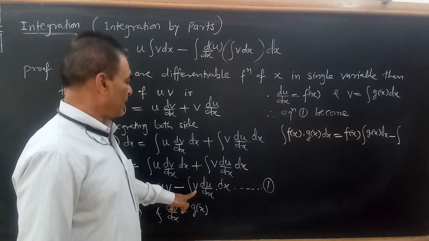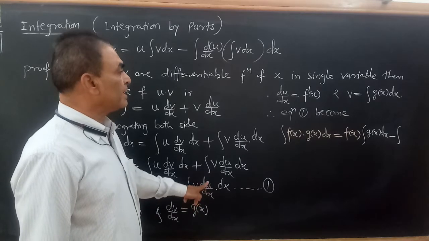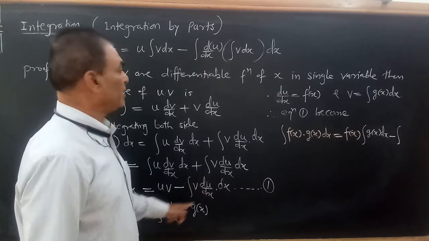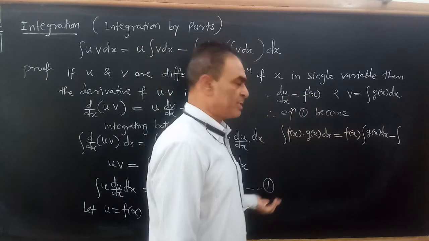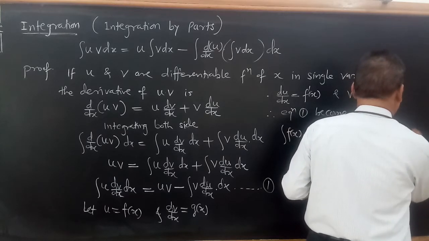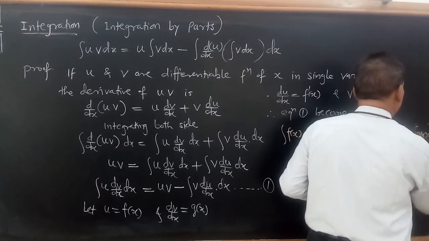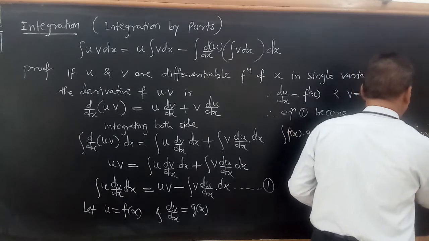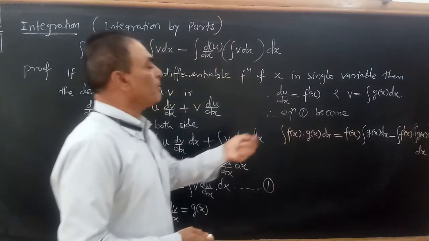What is the value of v? Integration of g of x. And du by dx is nothing but f dash x. Multiplication is commutative, that's why I have written f dash x into integration of g of x dx, and one more dx is also there. Okay, this is the integration by parts 2.